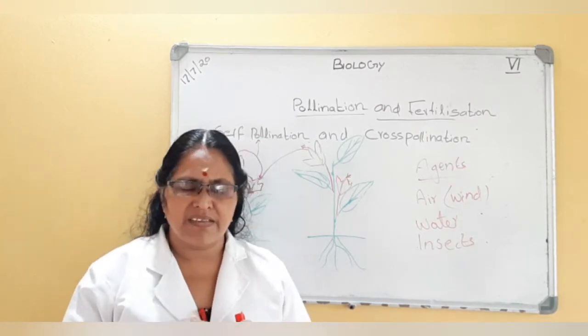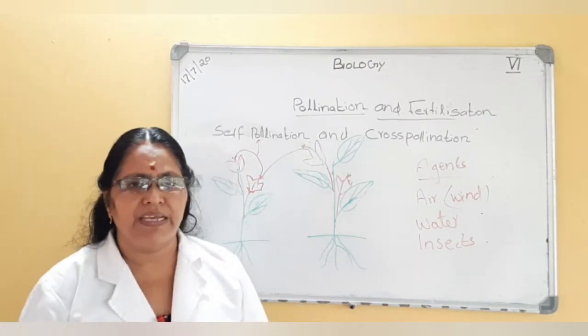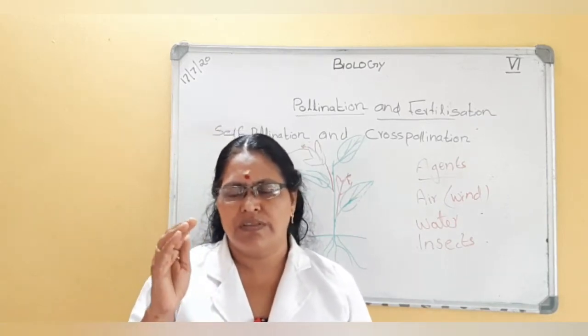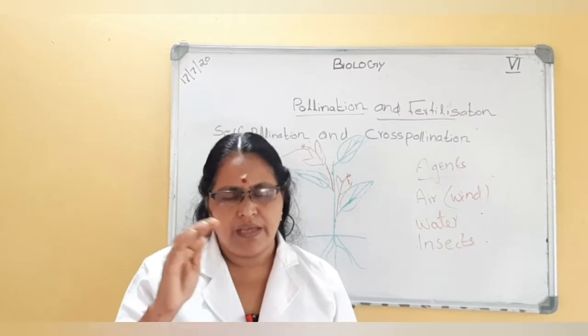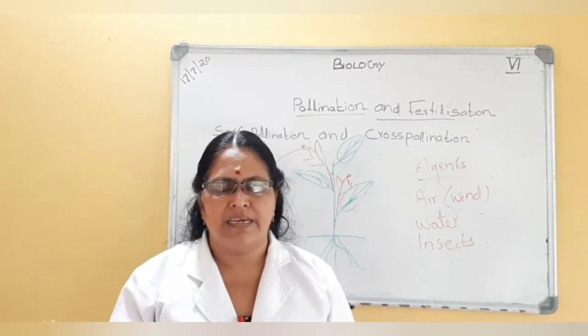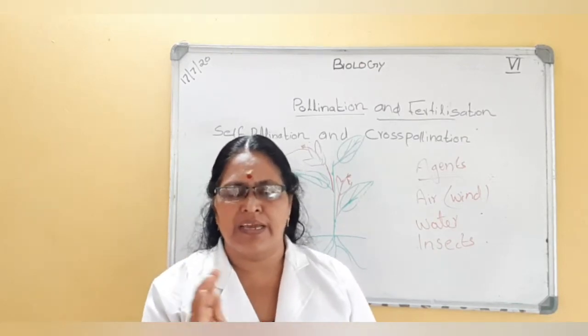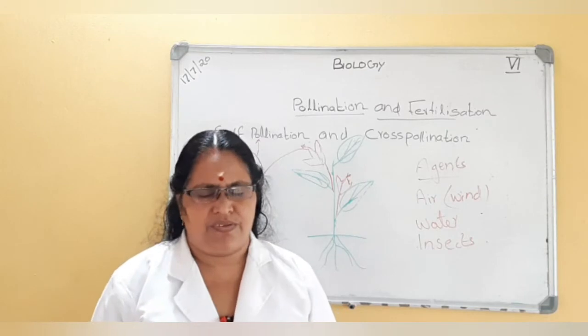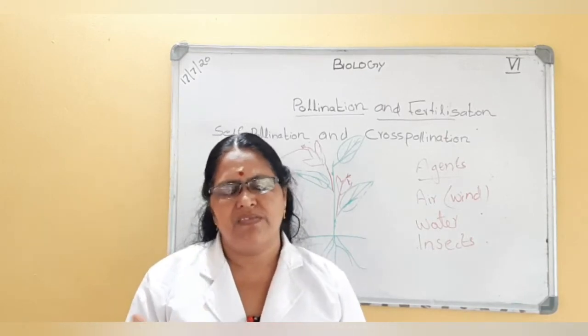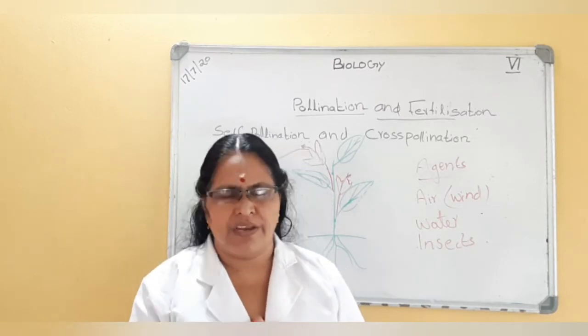The pollen grains are carried by the wind and fall on the stigma of other flower. So like that, wind carries the pollen grains. In rice and maize, the pollination takes place by wind.